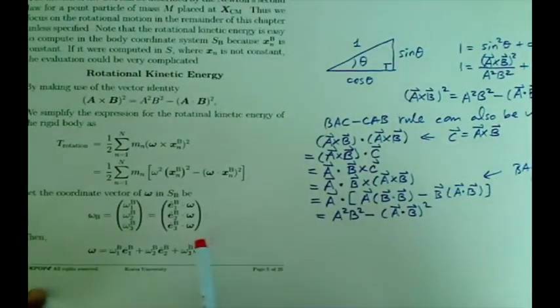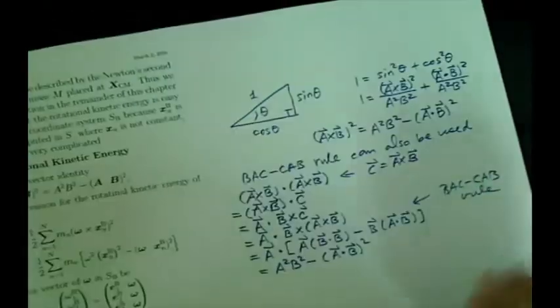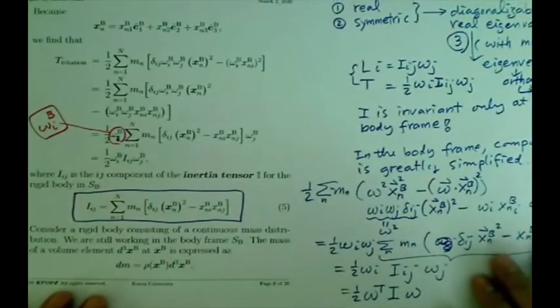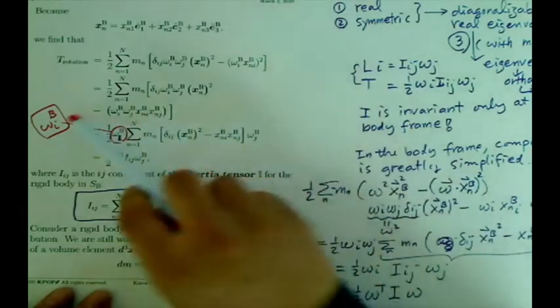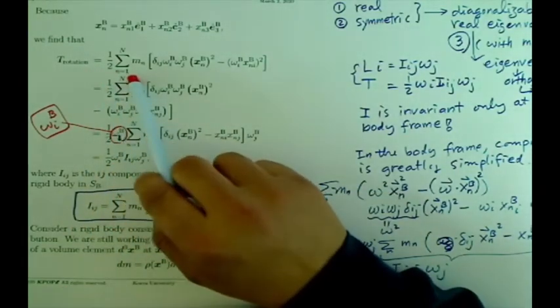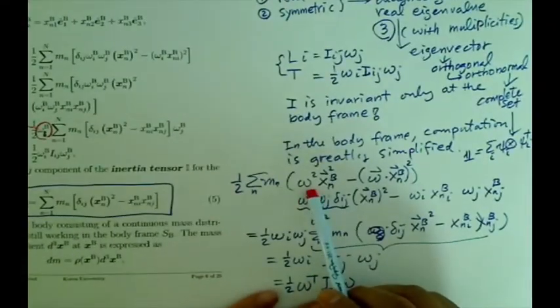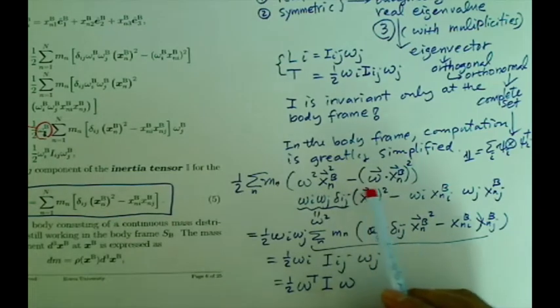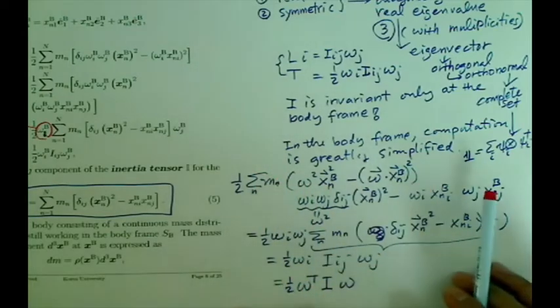The angular velocity can be written in a matrix form or just a vector form, as a linear combination of basis vectors. Thus, the rotational kinetic energy can be written in this form: omega squared x_nb squared minus (omega dot x_nb) squared, summed over n and multiplied by each mass.